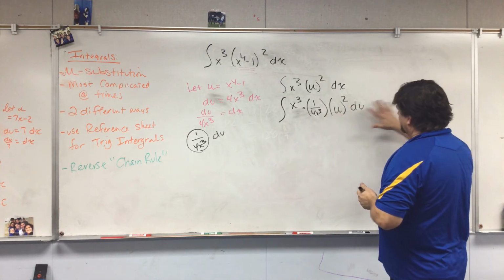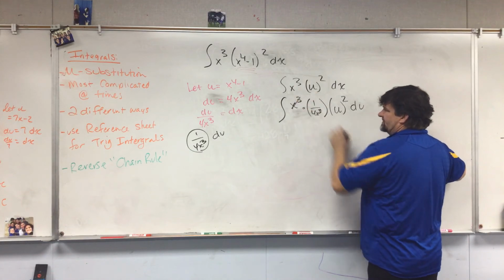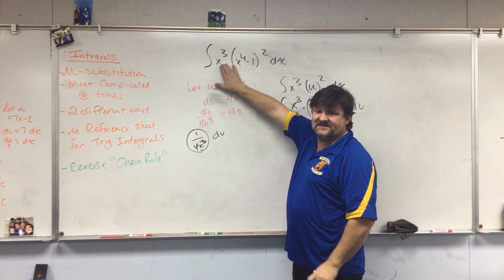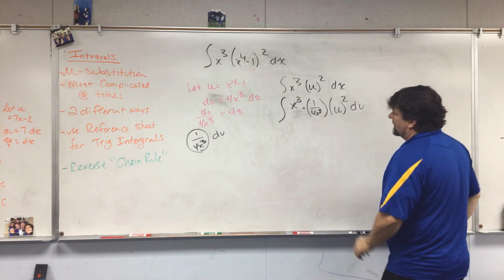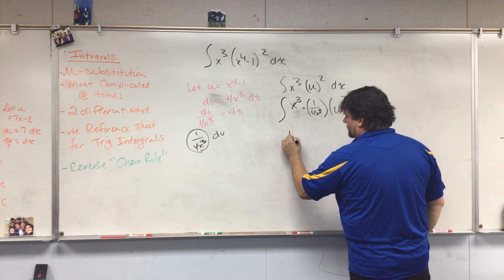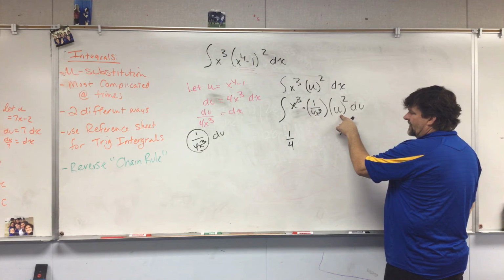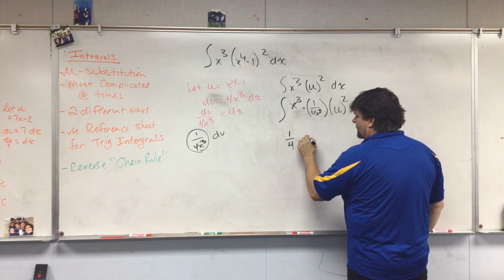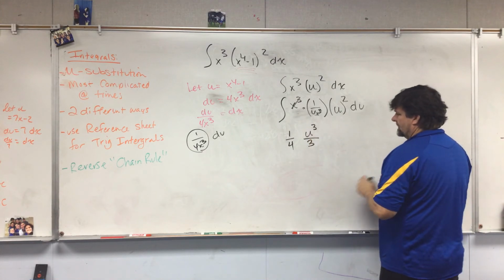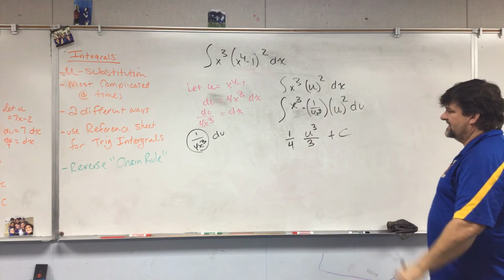Look, x cubed disappears. If you guys remember, our whole goal is to make this thing disappear. I'm left with 1/4, so 1/4 comes out. Integrate this, we get u cubed over 3. Du disappears, and it becomes plus c.